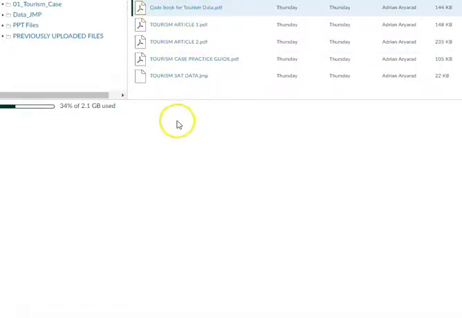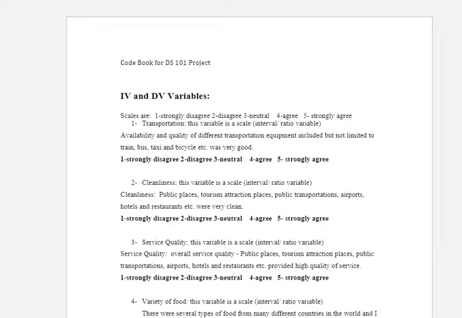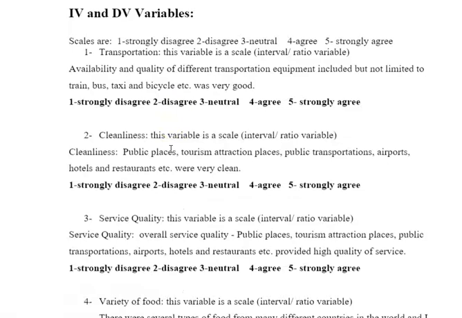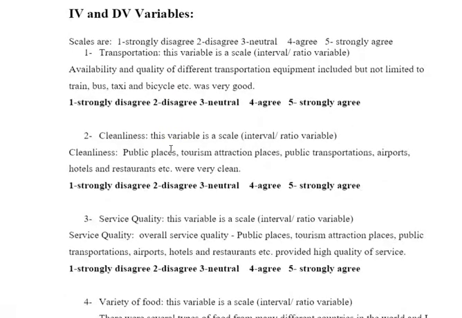Okay, so I start with the codebook, and before I explain the codebook, I would like to explain what this case is about. So this case is about the tourism industry, and we have tourists coming to our city.